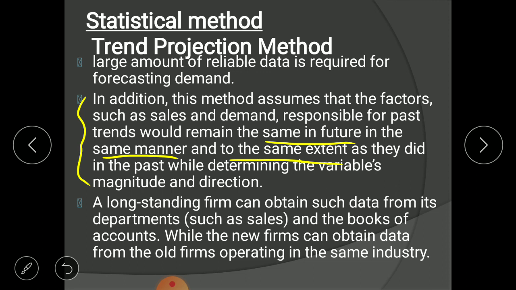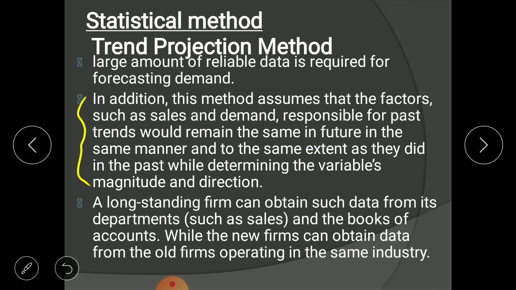If there is a relationship of demand with the advertisement campaign and sales, then in the future also the demand has that relation. So the total history will repeat itself as it is in the future. So this is the assumption of this method, that history repeats itself.